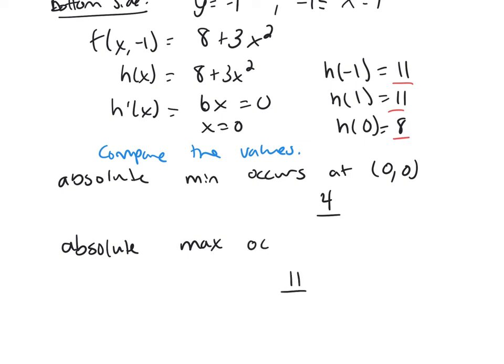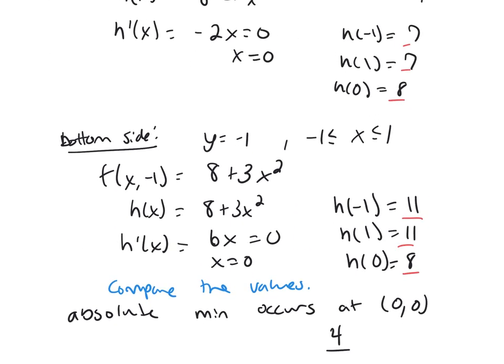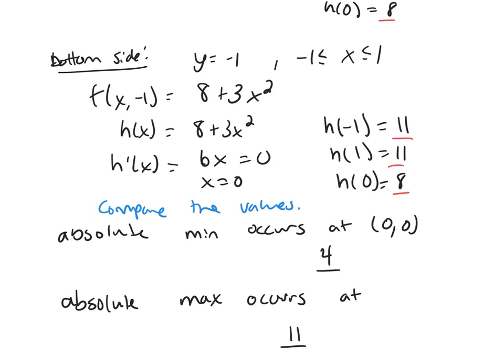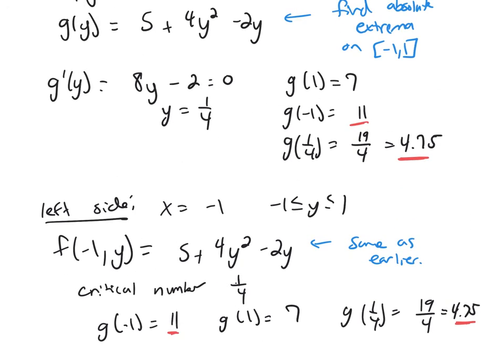And then it occurs at which point? So I have to go back through. So from here, x is 1, y is -1, x is -1, y is -1, and I think you get the same points up here.